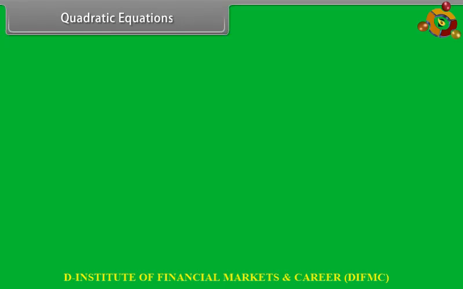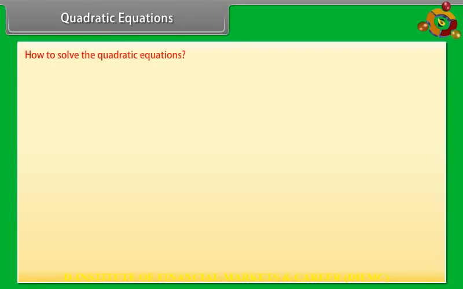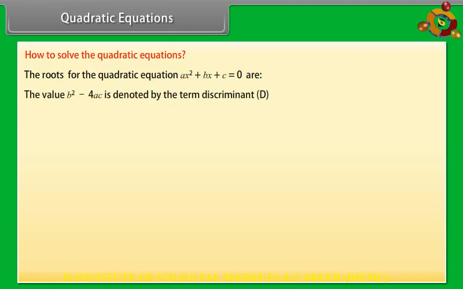Quadratic equations. How to solve the quadratic equations? The roots for the quadratic equation ax² + bx + c = 0 depend on the value b² − 4ac, which is denoted by the term discriminant D. That means D = b² − 4ac. 1.